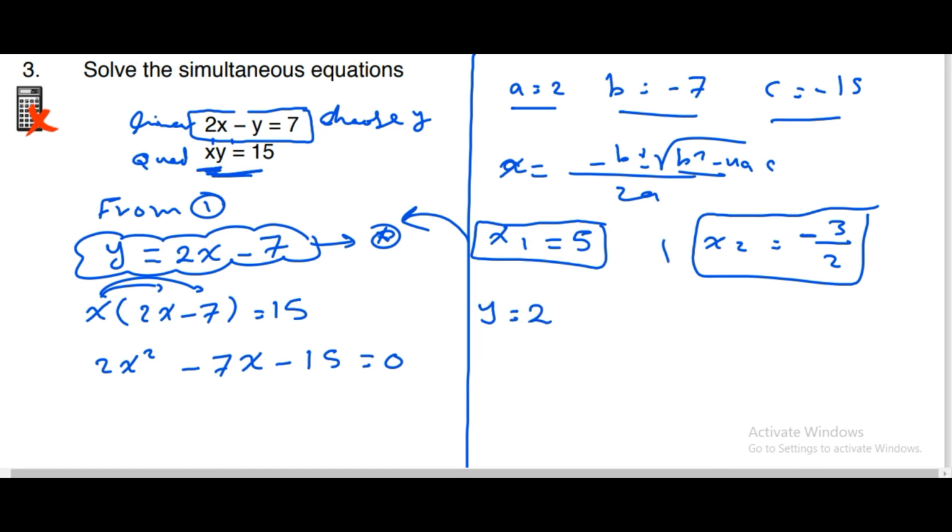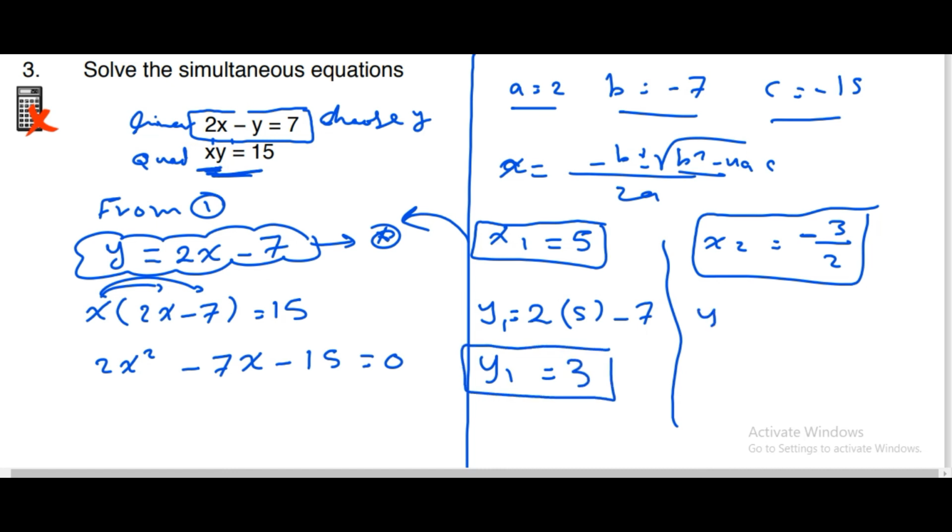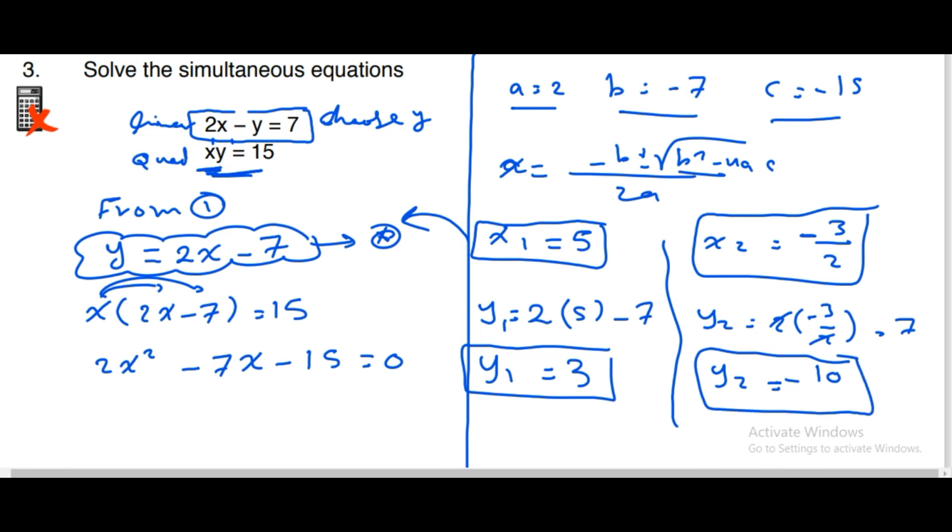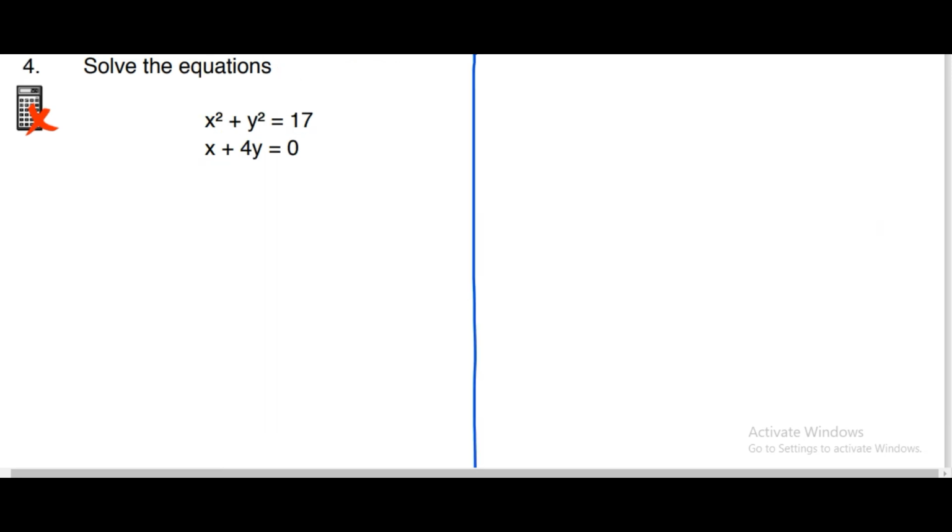It will be 2 multiplied by 5 minus 7, so y1 equals 3. y2 equals 2 multiplied by negative 3 over 2 minus 7, so y2 equals, here cancel, negative 10. And this is the answer. You can leave it like this or write it as ordered pairs.